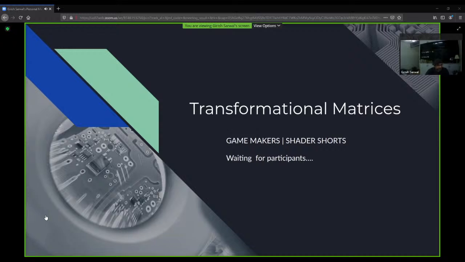So today we are going to be talking a little bit about what transformations and transformational matrices are in the context of game engines. This is going to really help you if your intention is to build something from scratch, if you would like to work on a gaming engine and understand how things work under the hood, or if you just want to make a game and understand how things move around.